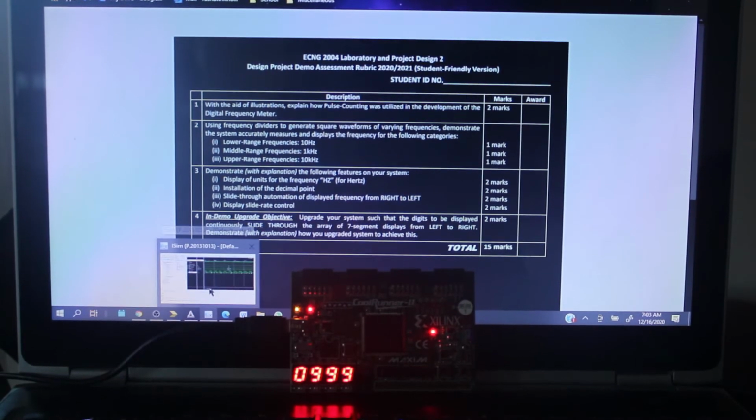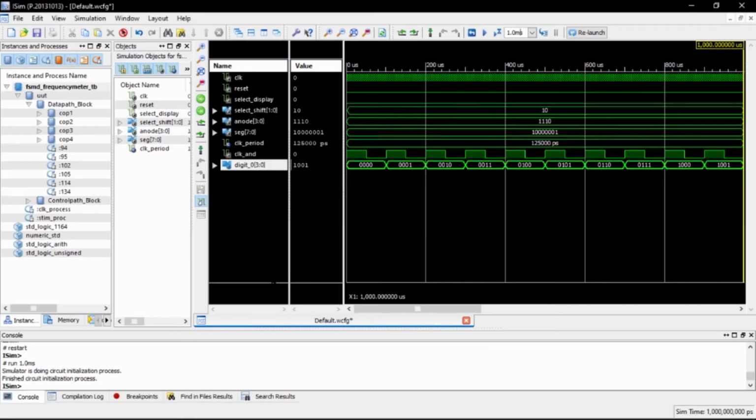Right, to illustrate this, I have a simulation. So clock AND here is the 0.5 Hz signal and signal F. That would be the output of the AND gate.